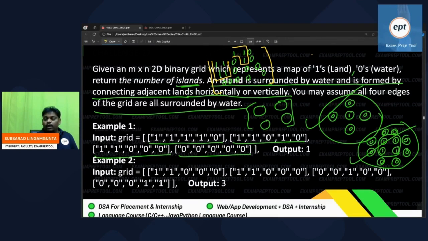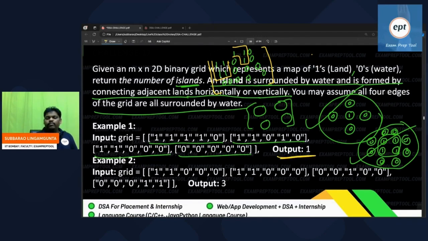And one more thing, all the lands, where one means land, are there side by side. For the lands, on the left side, right side, top and bottom, everything is only zeros. So this total is one island. The output is 1.